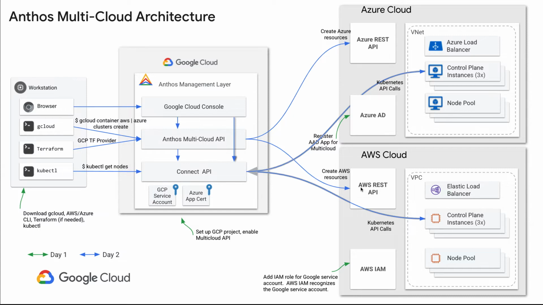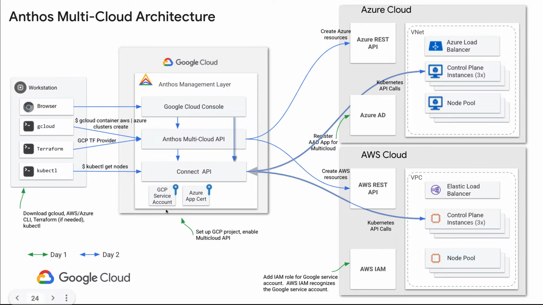And the same goes with Azure. And an Anthos service account: when the Anthos multi-cloud API is enabled in your Google Cloud project, a Google managed service account will be automatically created with your project. This service account will be the security principal calling the Azure or AWS API.